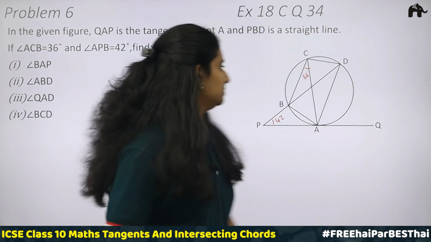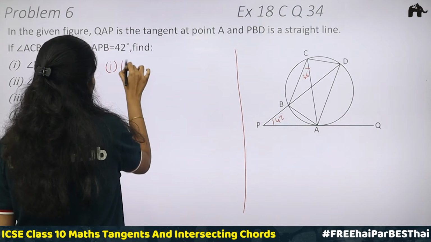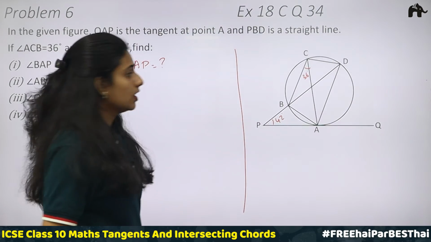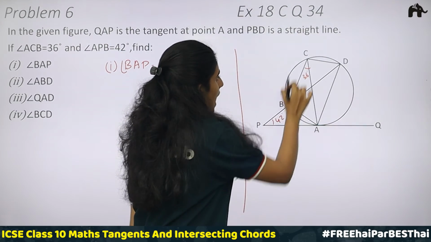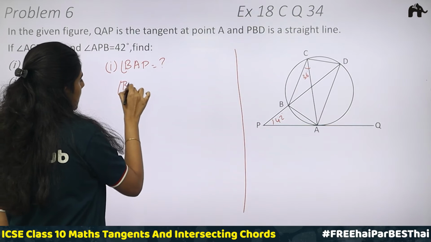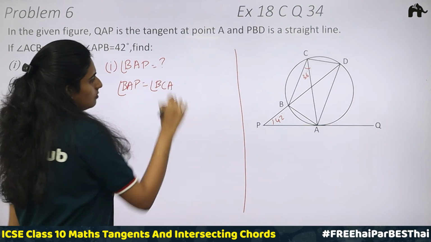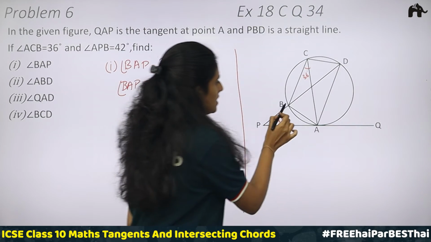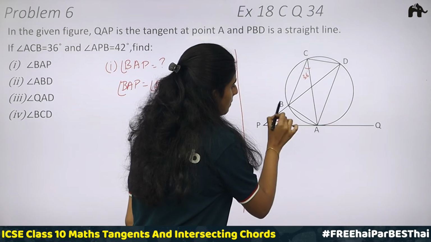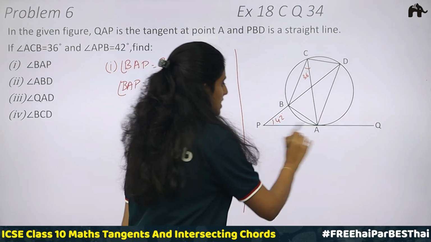How to find angle BAP? What is the relation between BAP and BCA? I'll be writing angle BAP equal to angle BCA. What is the reason? Here when you consider this chord BA, the chord makes an angle of 36 degrees with the tangent. Why?